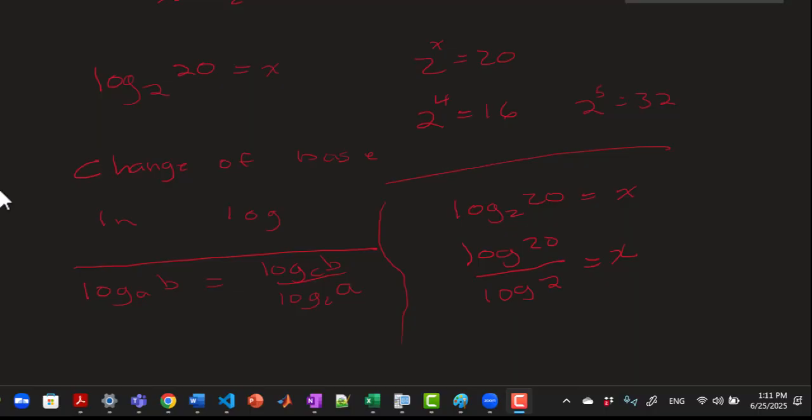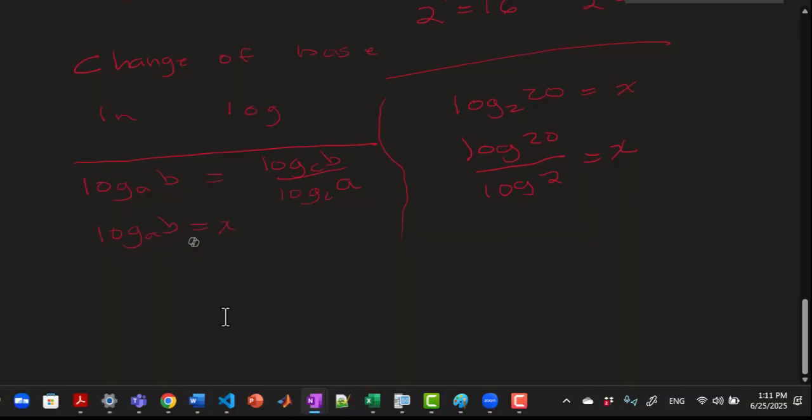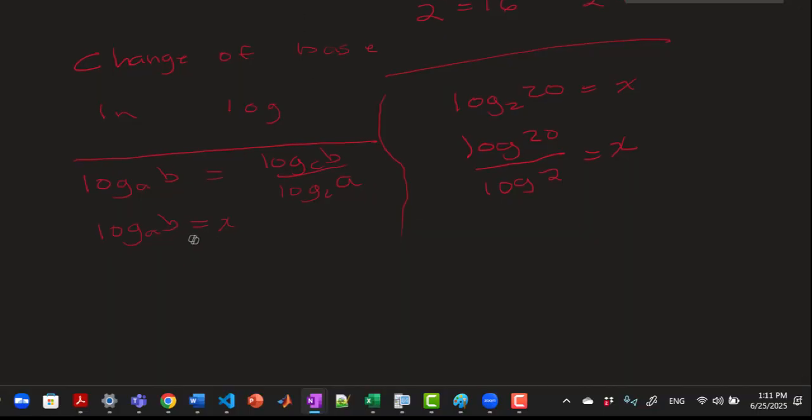Okay, so I don't know what x is, but I'm going to say log base a of b equals x. Now I'm going to take the natural log of both sides. Actually, I'm going to rewrite this as a to the x equals b, because I know that is true. That's the same thing that this means. Now I take the natural log of both sides.